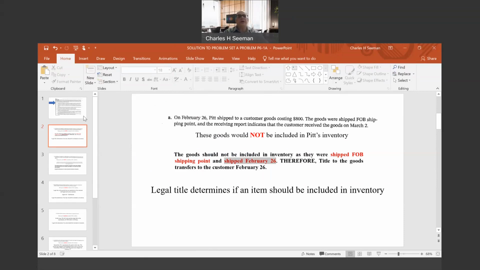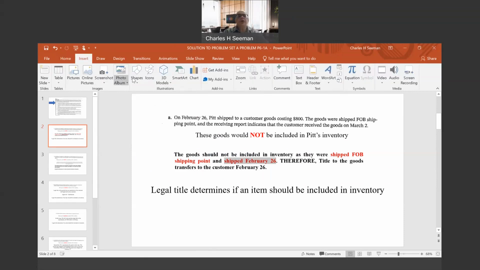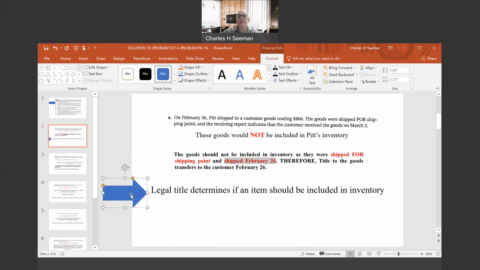Just a little reminder, for all of these, legal title determines if an item should be included in inventory.